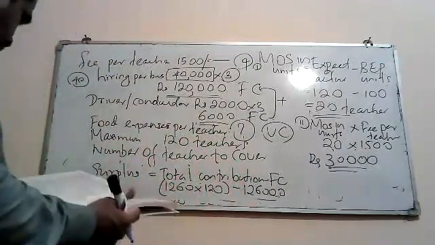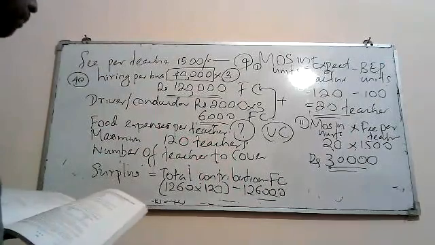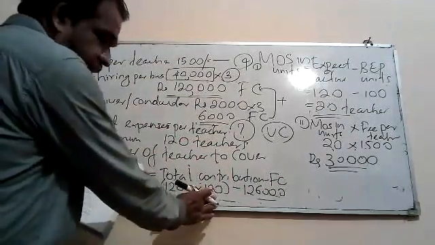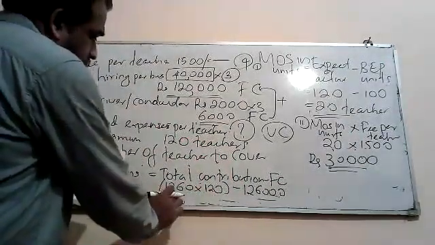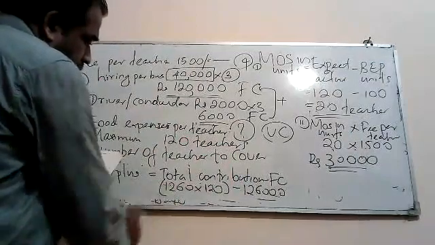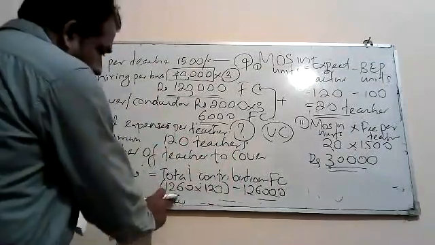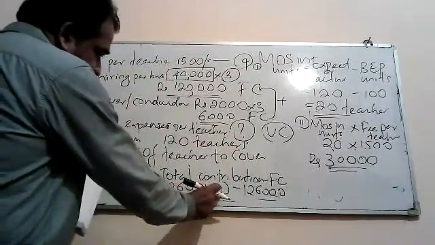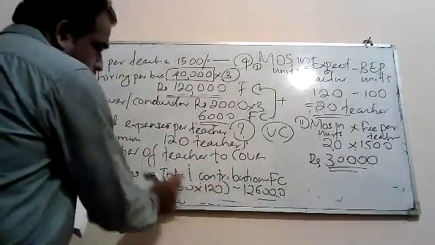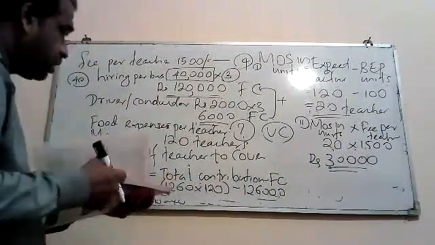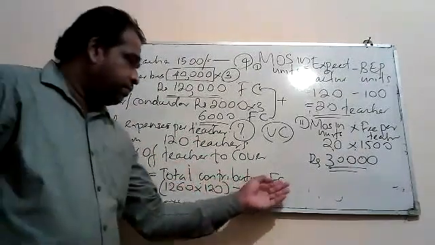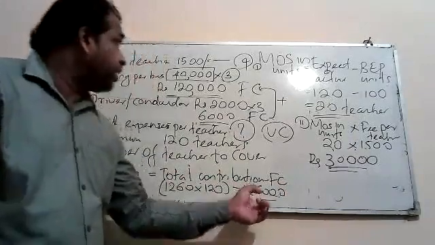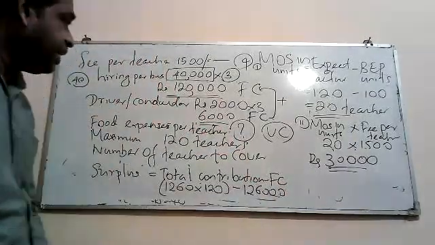Here we are given the maximum number of teachers, 120, and we got unit contribution 1,020. Therefore, we multiply the number of teachers by per unit contribution, take total contribution, and from that deduct fixed cost 126,000. That is the first answer.